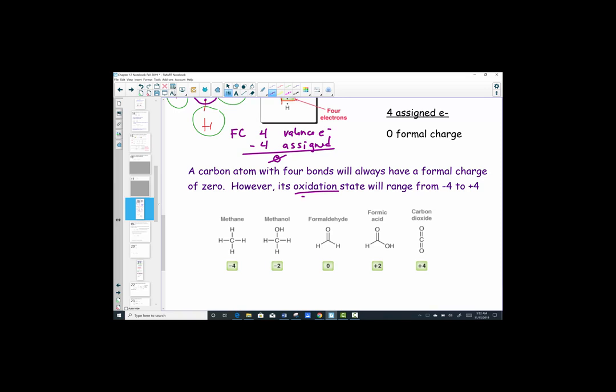We're focusing in this chapter on oxidation state. Carbon has a formal charge of 0 in every one of these molecules, methane, methanol, formaldehyde, formic acid, carbon dioxide, because it has 4 bonds. Those are very valid Lewis dot structures.